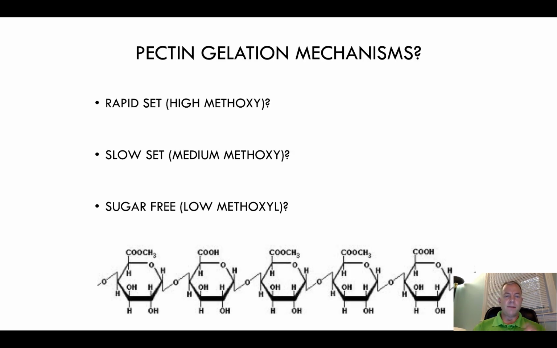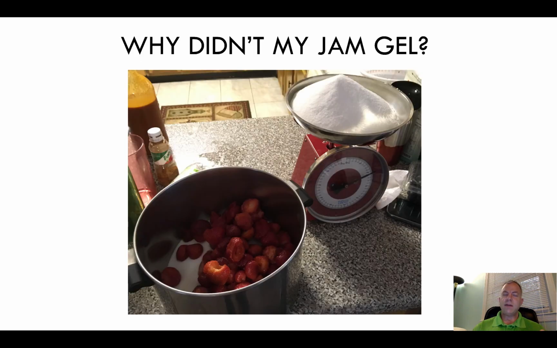All right. So we've already discussed those mechanisms, and I had personal experience with this last time we made strawberry jam, and my jam didn't gel fully, and you can see all the sugar that we had waiting to add to these strawberries.